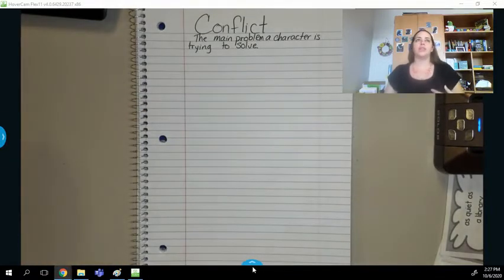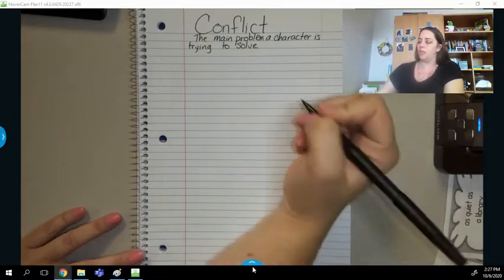And it can be anything from a big problem to a little problem. You can find the character's problem by listening to how they talk to other characters. You can find it by listening to how they feel about themselves or about what's going on around them. So there's all kinds of different ways to tell the different types of conflict.